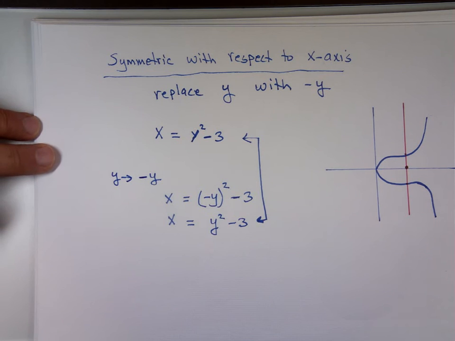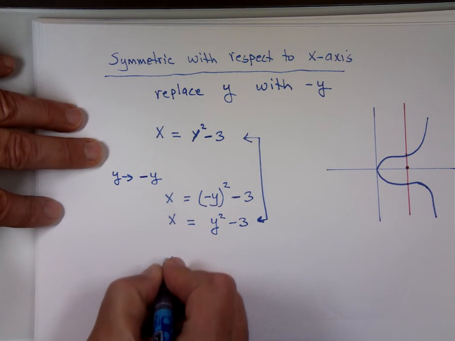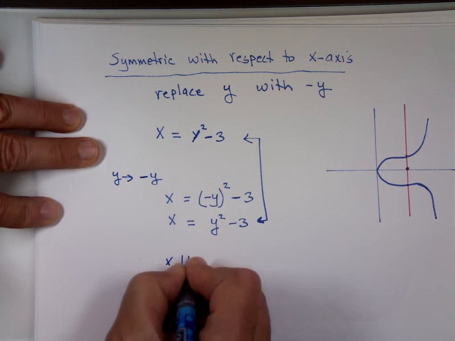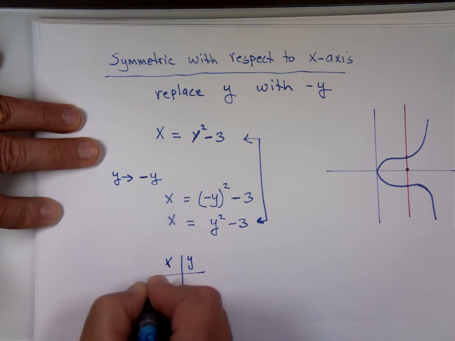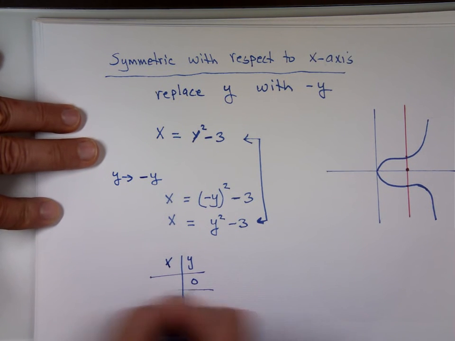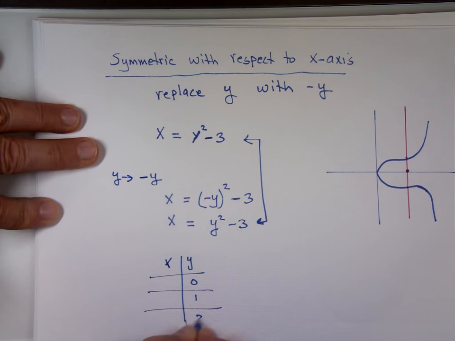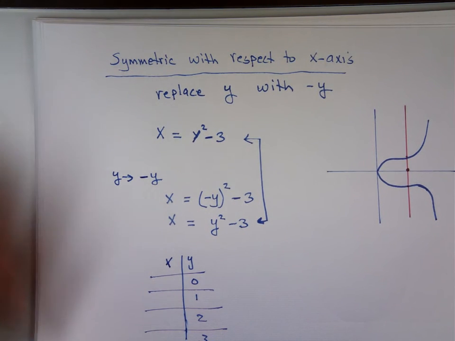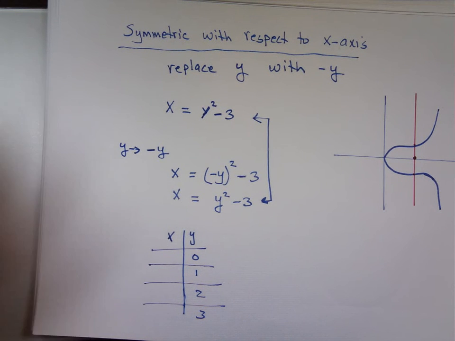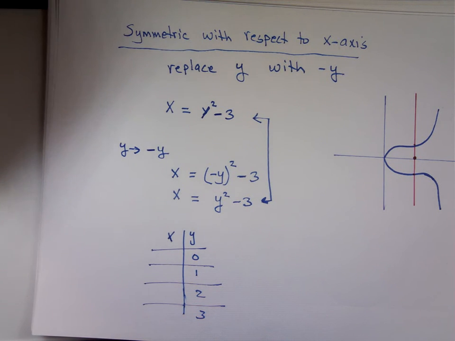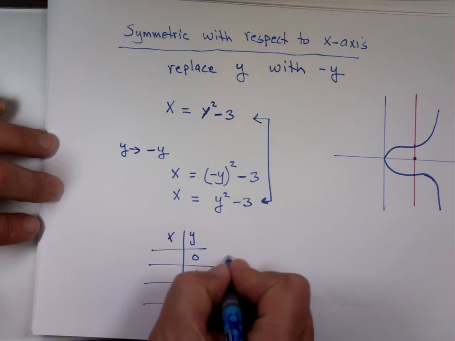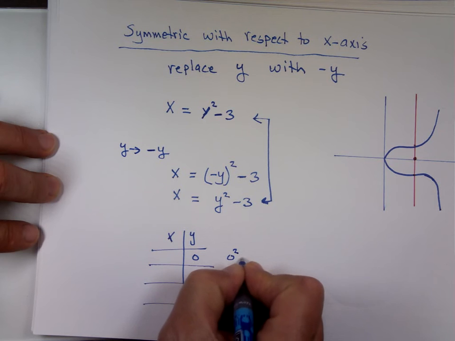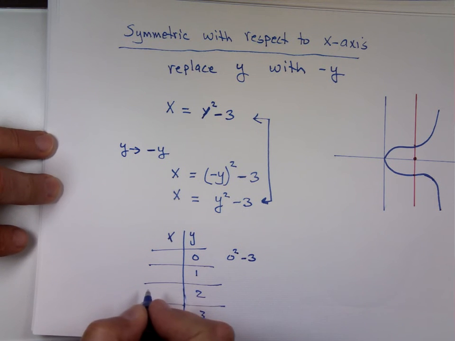That's where the name came from. So when you're making your chart, you're going to pick values for y, not for x. We're going to choose values for y and find the x value. When y is 0, what is 0 squared minus 3? Negative 3.